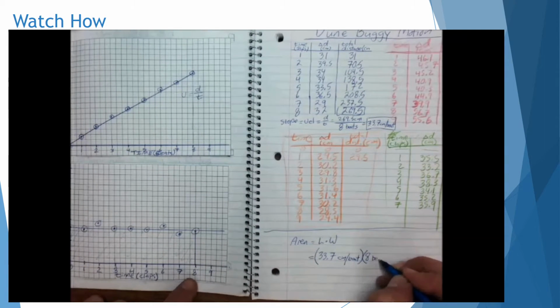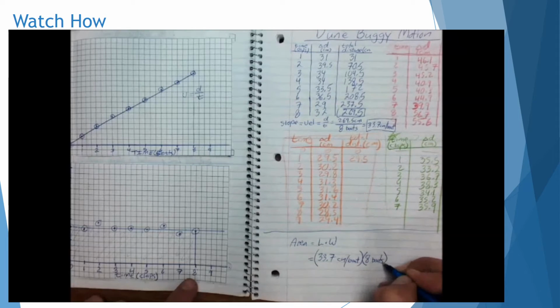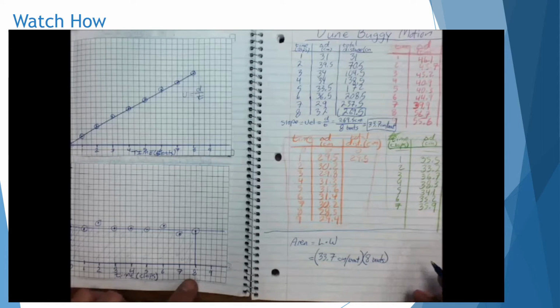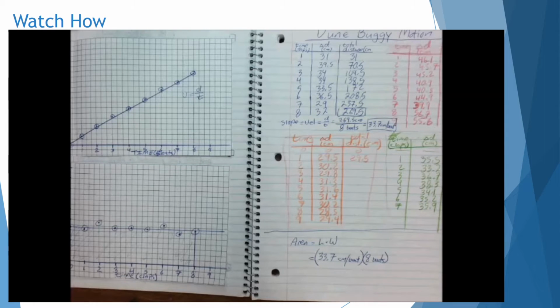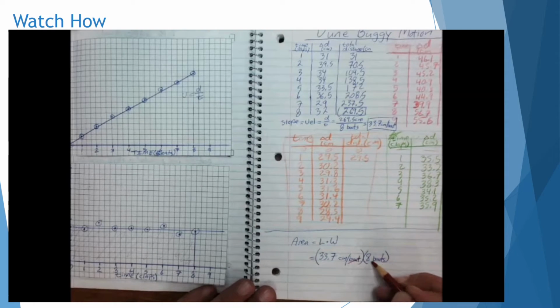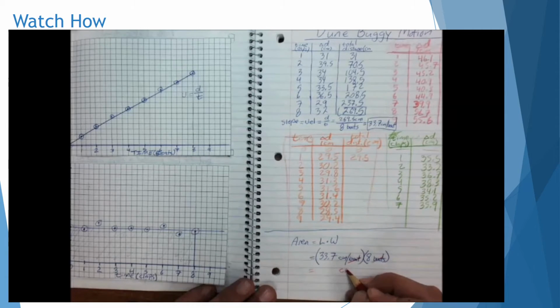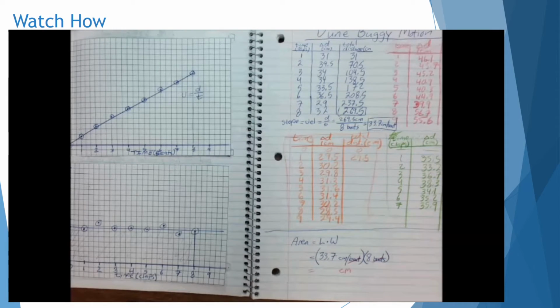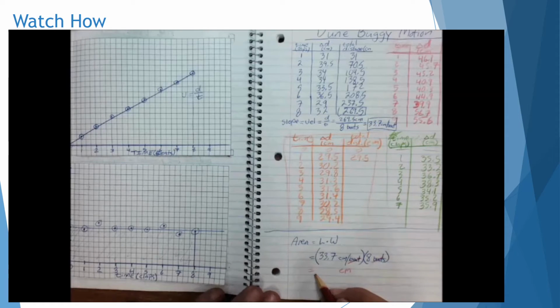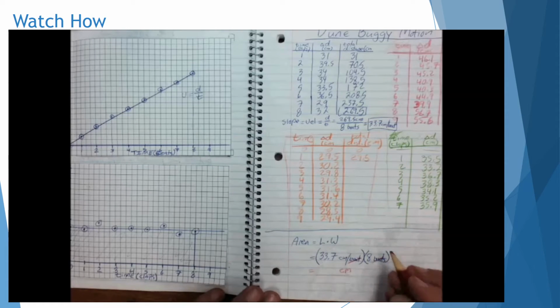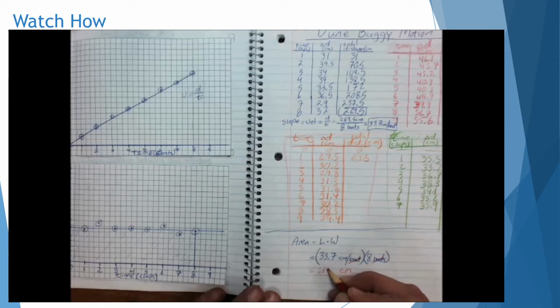I'll call them beats here since I've got them down as beats already in my writing. If I look now at these units and look at what cancels, you'll see that beats cancels with beats, and the units that I have left are going to be in centimeters. When I perform the multiplication, I end up with 269.6 centimeters. Now, I'm ignoring significant figures for just a minute intentionally so that I can show you something.